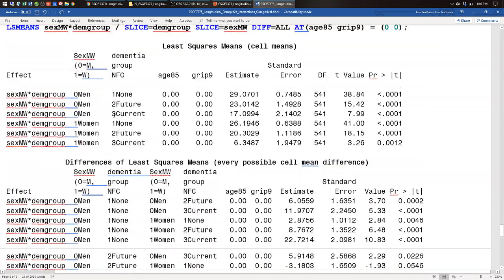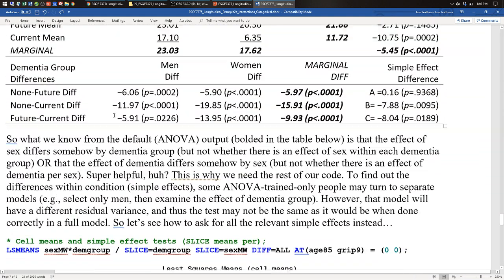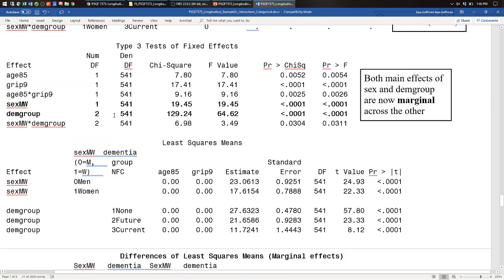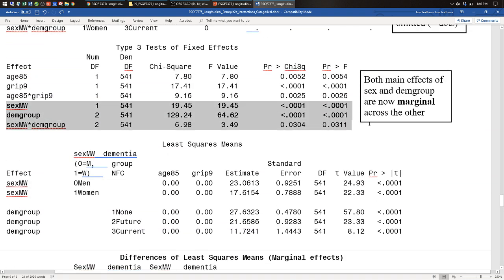The stuff that's given to you by default when you use this coding, none of this is actually useful, I would argue. It's marginalizing across groups, and the interaction doesn't tell you which groups actually have different differences.